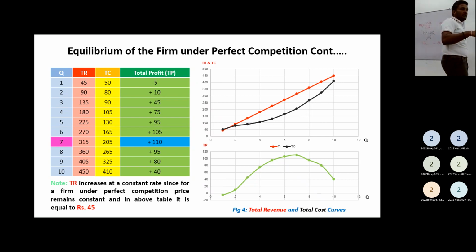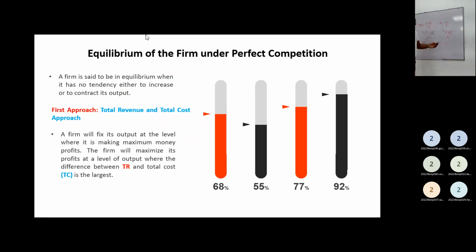This green line indicates your profit curve, and you could see that your profits will be maximized at this point. And the corresponding output will be how much? 7, right? So we can read this.